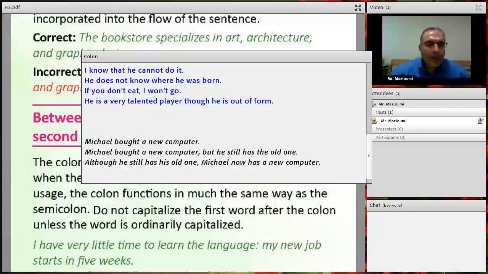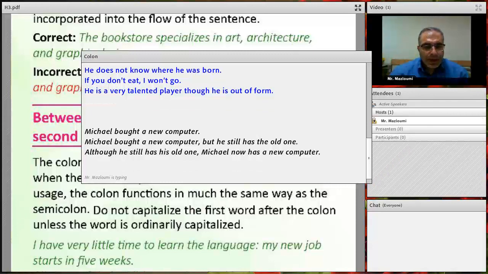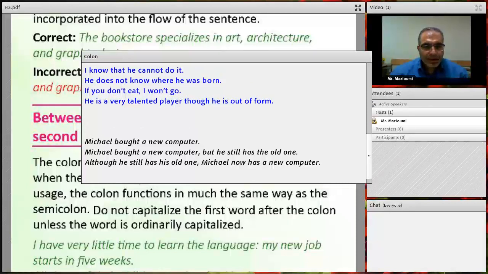We have main or independent clauses, and subordinate or dependent clauses. What is the difference between these two clauses? Everyone, an independent clause or a main clause makes sense by itself. It expresses a complete thought.